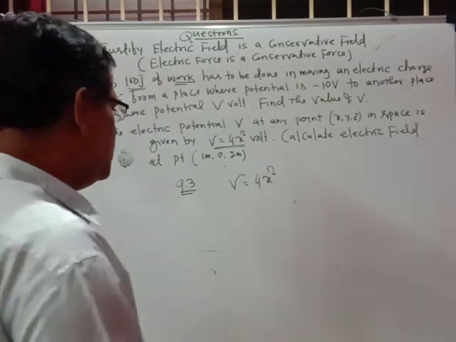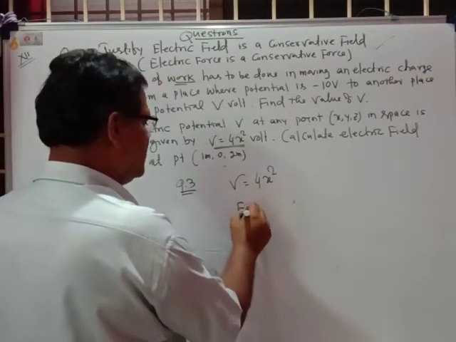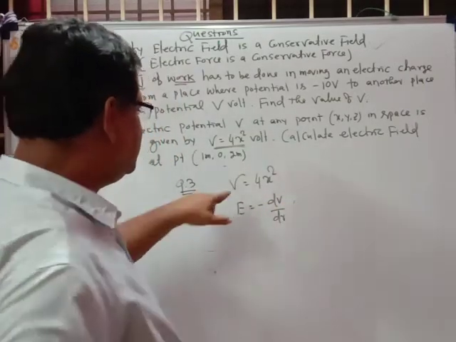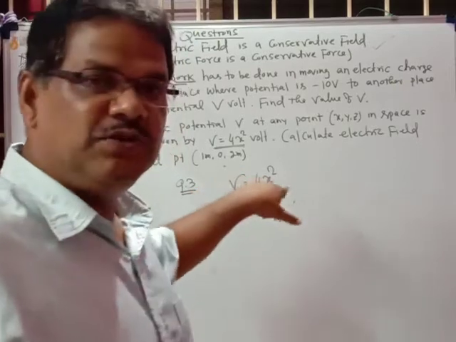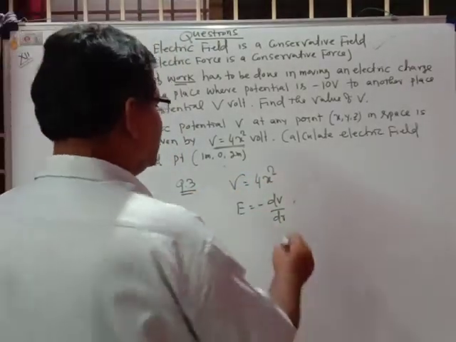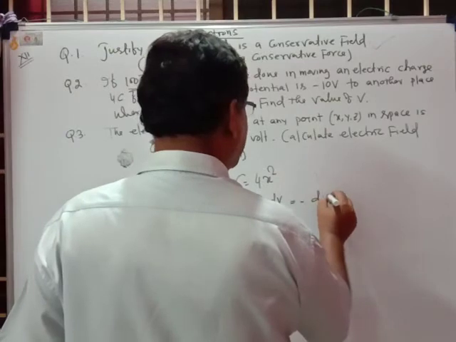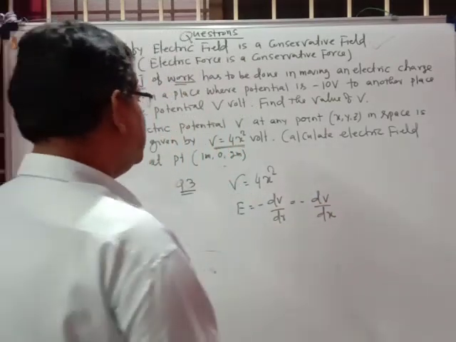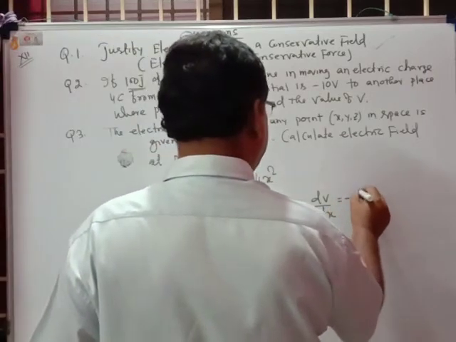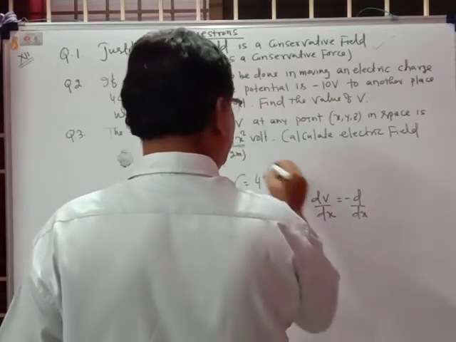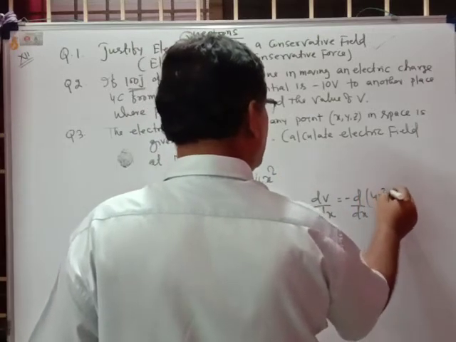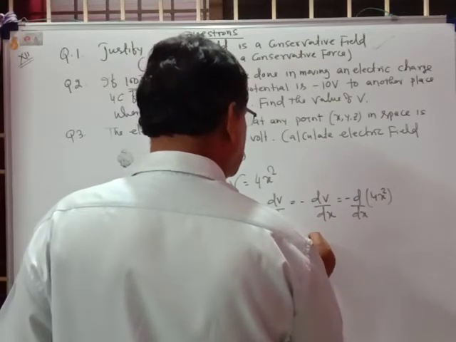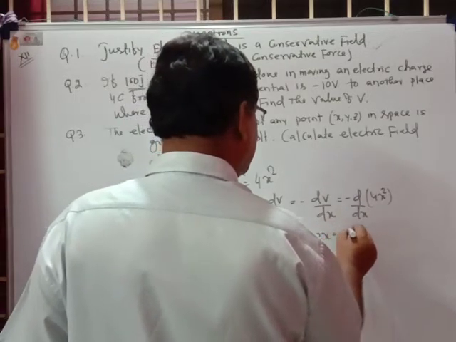So what will be the electric field? You know the formula, E equal to minus dV by dr. But here, as per the equation, V is changing with respect to x. So simply you can write E equal to minus dV by dx, that is minus d by dx of 4x square, which is minus 4 into 2x, that is minus 8x.